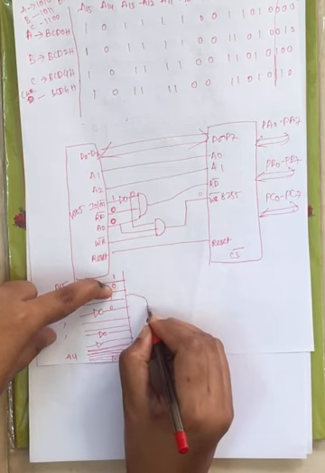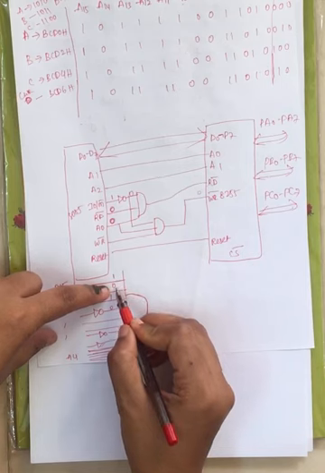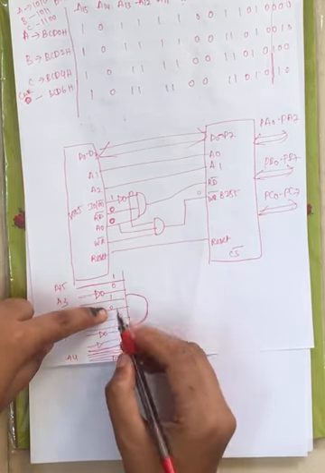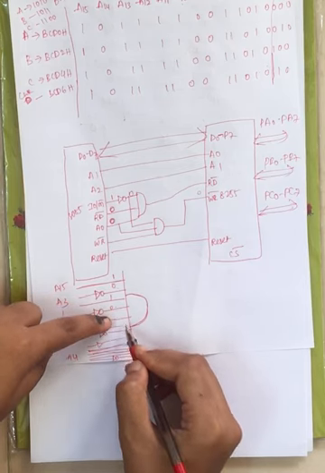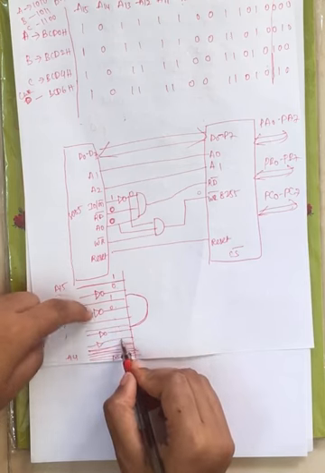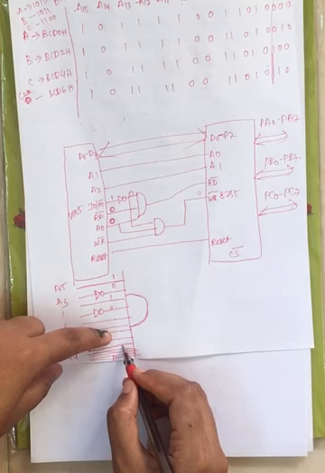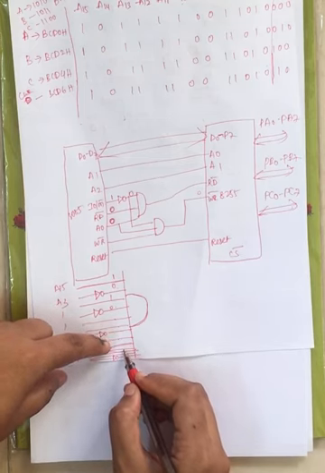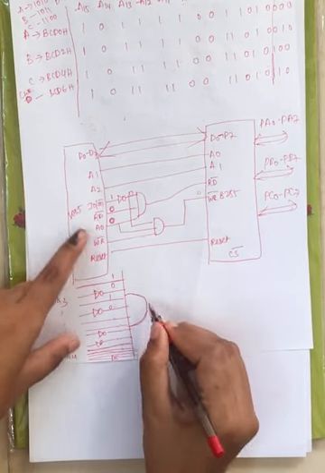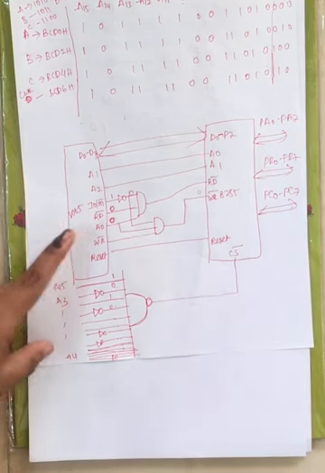What is 1 with 0? 0. 0 with 1? 0. 0 with 0? 0. Anyhow you will get 0, right? Now this is AND gated and connected to chip selection, right?